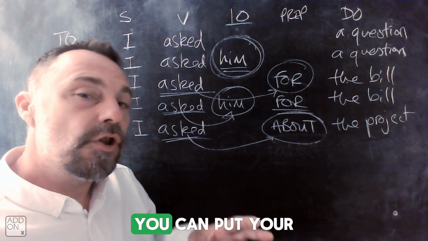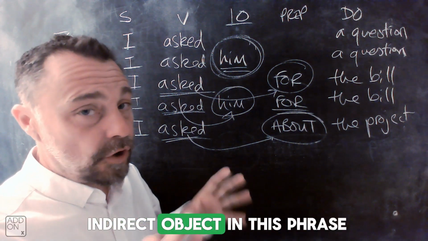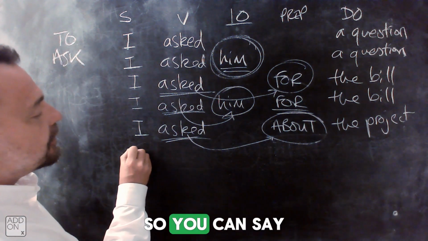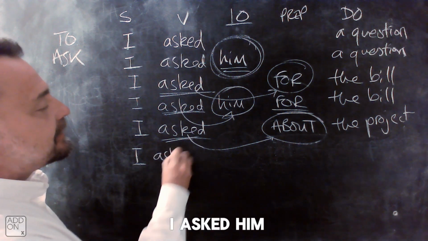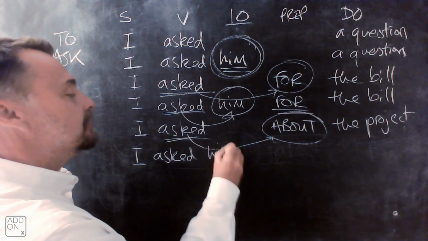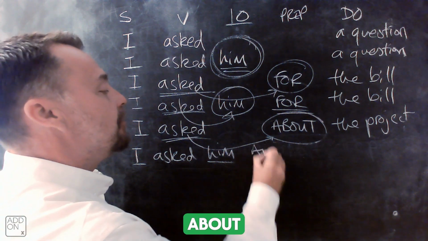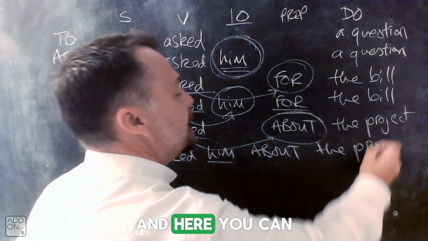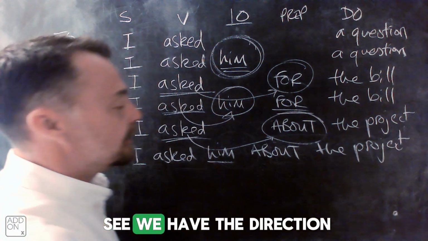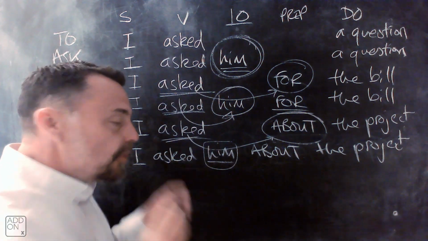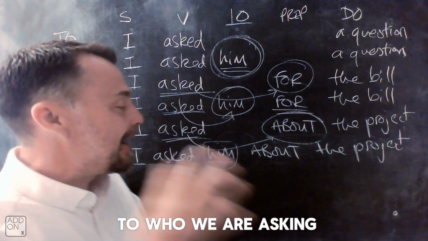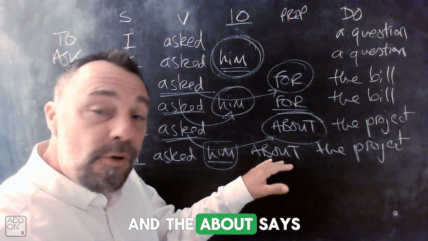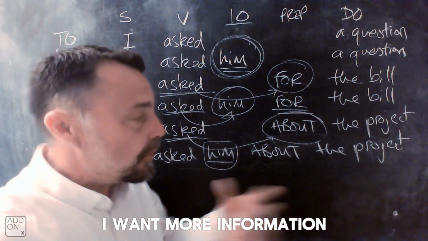Now, again, you can put your indirect object in this phrase. So you can say, I asked him about a project. And here you can see we have the direction, who we are asking, and the about says, I want more information.